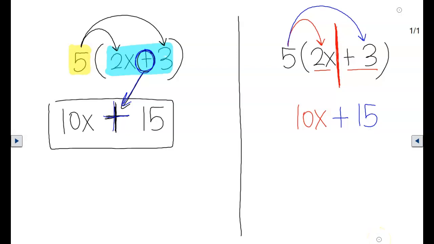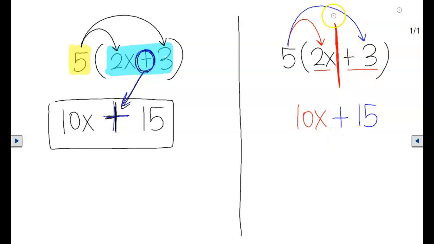So look at these two problems side by side. My approach was just a tiny bit different, but I want you to notice that it does give us the same answer. So to kind of recap the change that I'm making here, my first step over here was to look inside of here to see if there was a plus or a minus and carry that down. And then I did 5 times each member of my group. Over here, I didn't carry that plus sign down.